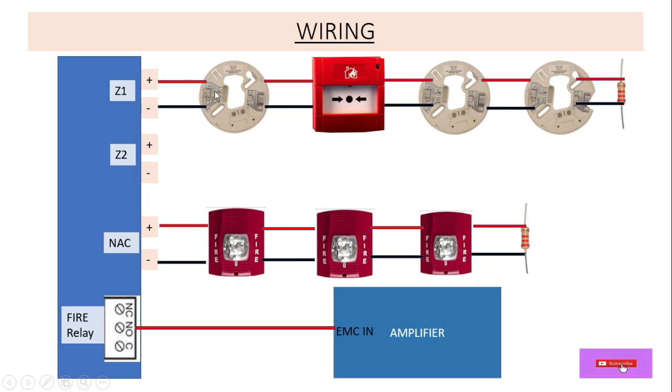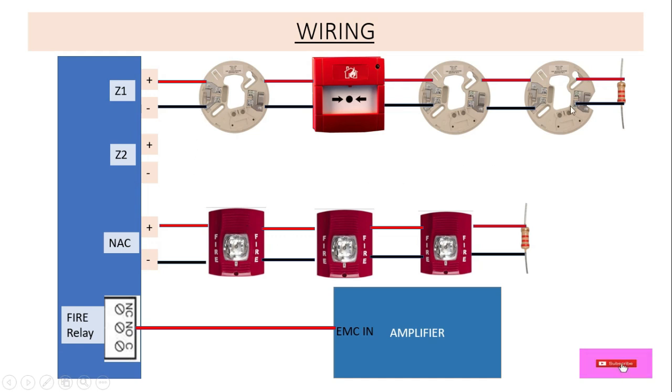From here it is terminated, then from the output of this it goes to the input of the MCP, then from the MCP output again to the input of this detector, and again from this output it loops to the input terminal of the next detector. If it is the last point of this zone 1, then we have to terminate it through the EOL, meaning end of line resistor.